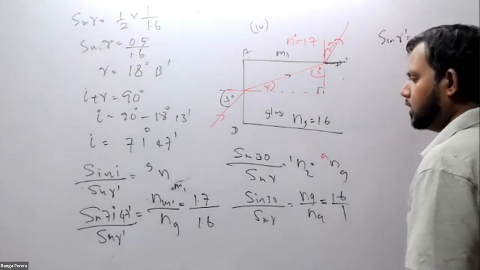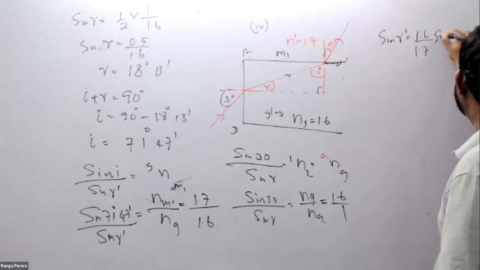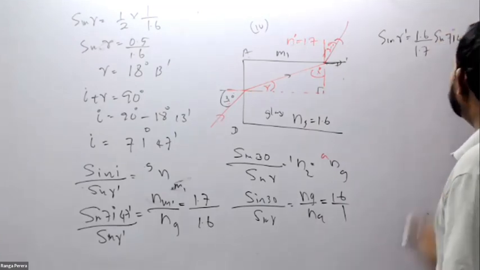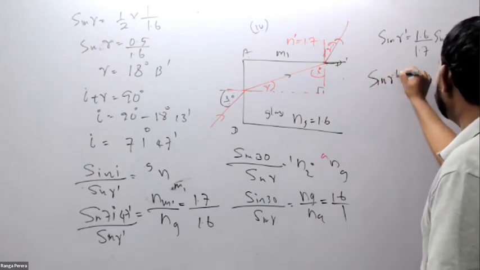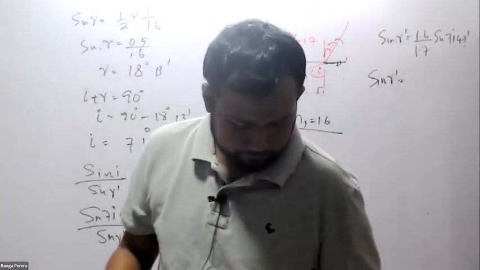Sin R dash equals 1.6 over 1.7 times sin 71 degrees, 47 minutes. Sin R dash equals... Has anyone calculated this?